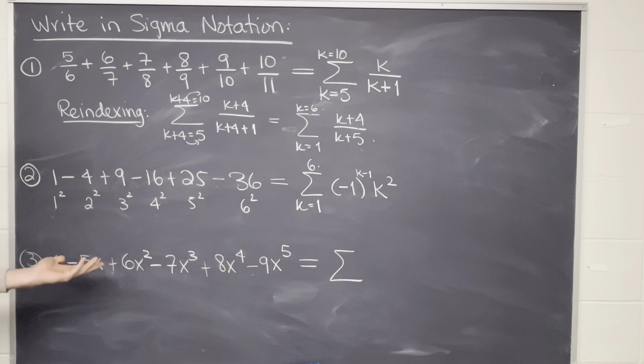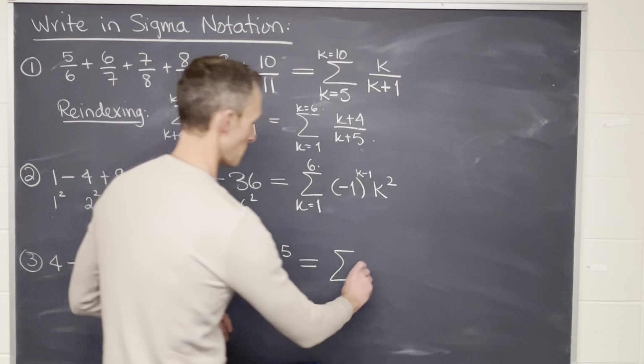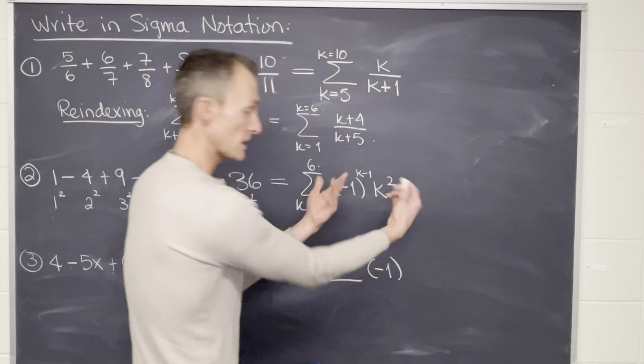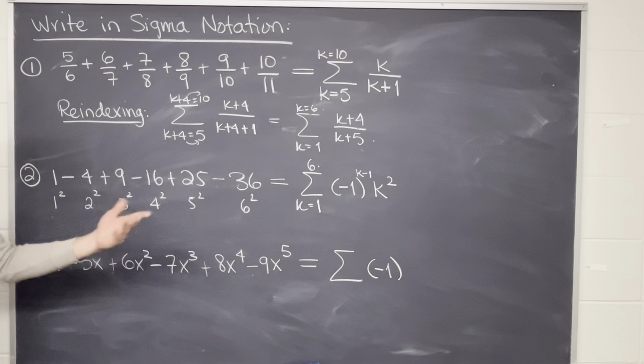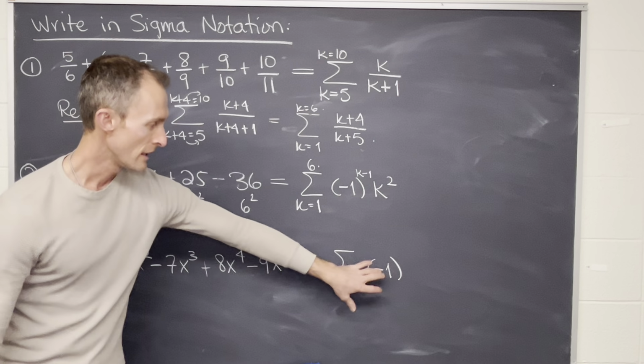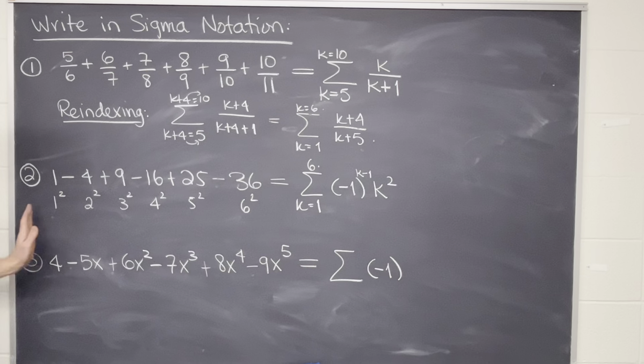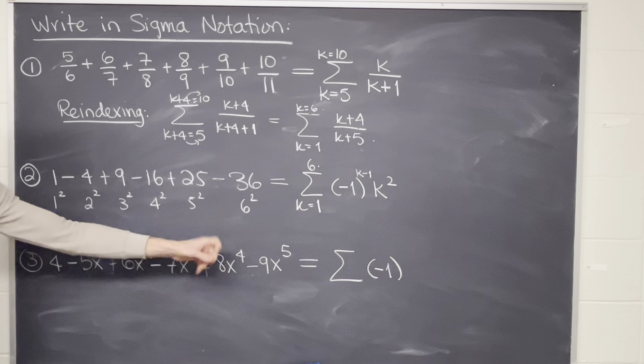So the first thing I know is that I have an alternating sign. Okay, so I'm going to put a -1 to the something. We'll figure out what that something is in a second. I know that wherever k starts, -1 to that power has to be +1. Okay, so I know that much. I have 4, 5, 6, 7, 8, 9.